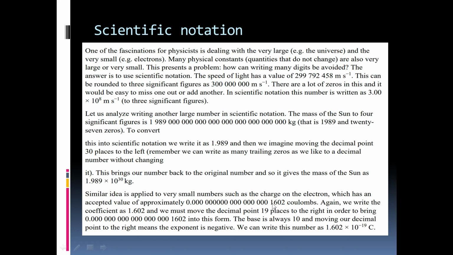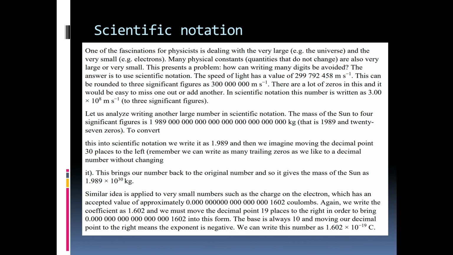So it will be written as 1.602 multiplied by 10 raised to the power minus 19, because when we count these places, it becomes 19. Another very important thing is that here the power of 10 is positive 30, but here it is negative 19. Why it is positive and why it is negative, let us discuss in the next slide.